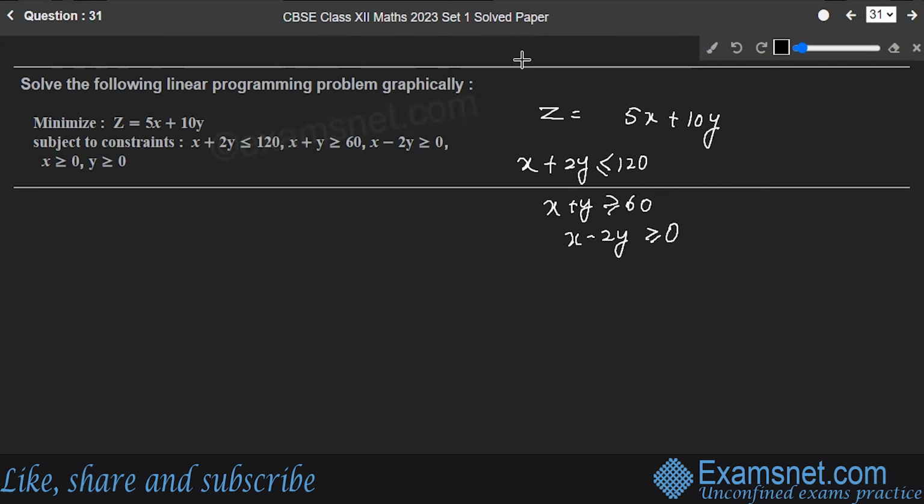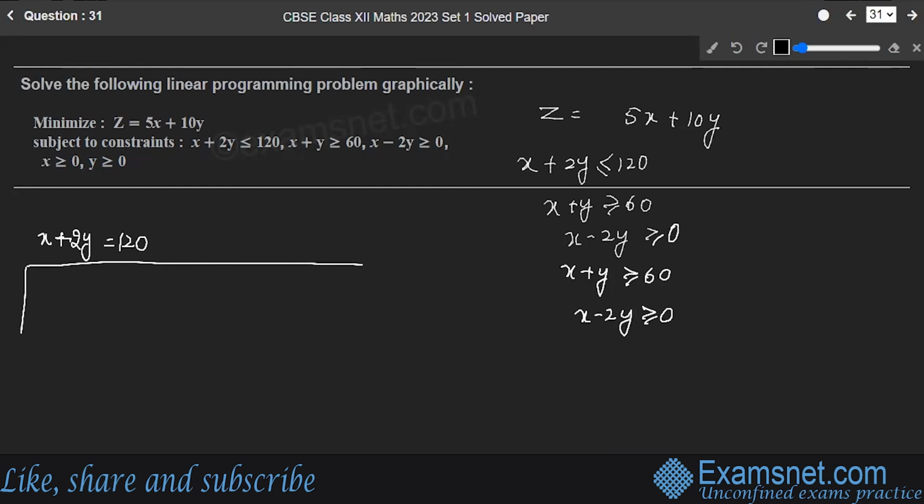So let's go for the corner points. x plus y is greater than equal to 60 and x minus 2y is greater than equal to 0. Now changing inequalities to equations, you get the three equations as x plus 2y is equal to 120.